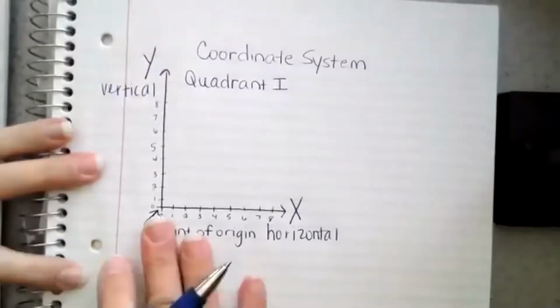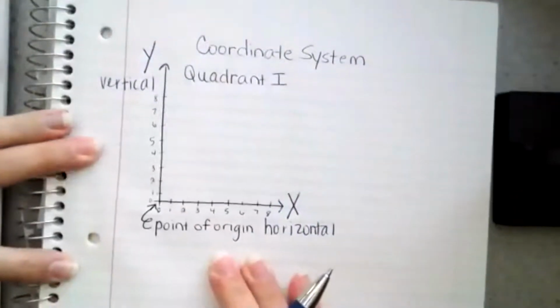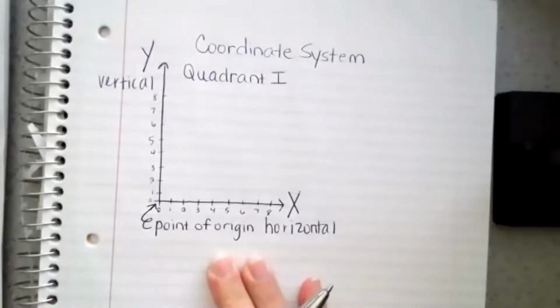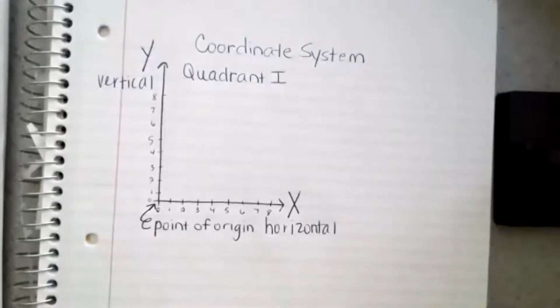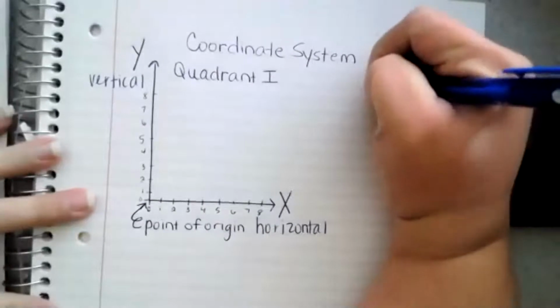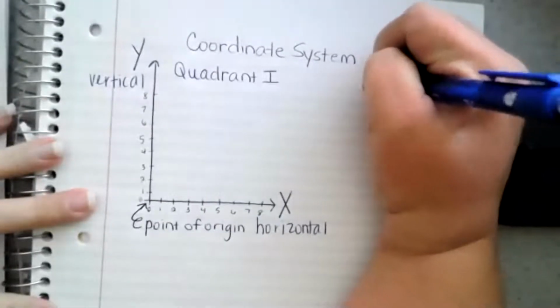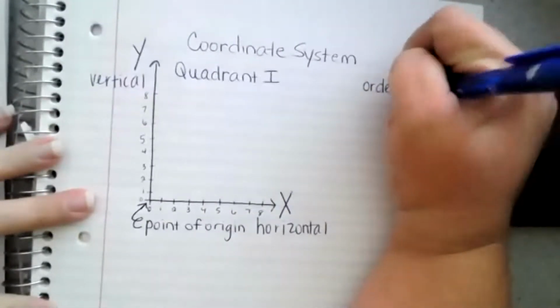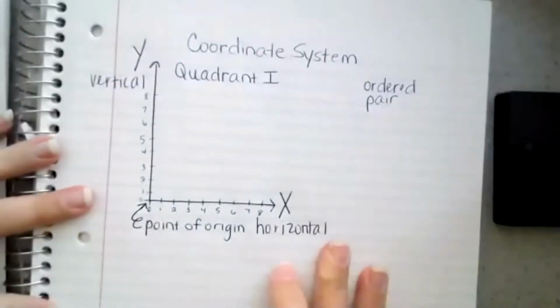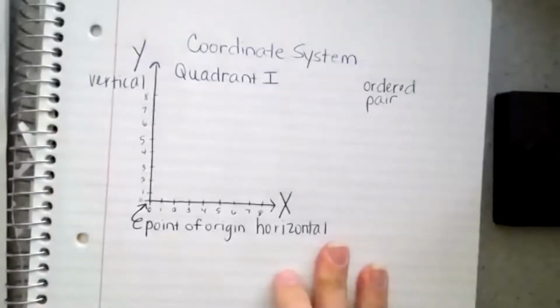So when we have a coordinate system just like this, we have to be able to get things on there. So how we figure out where to put something, where to plot something, is we use what we call an ordered pair.